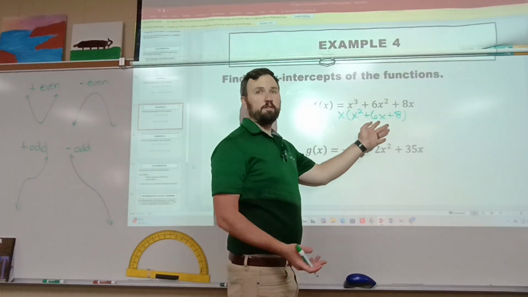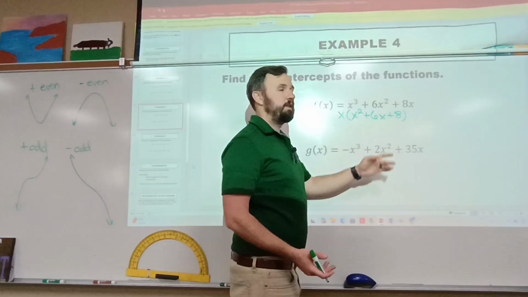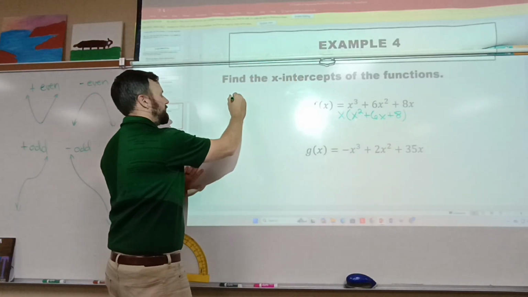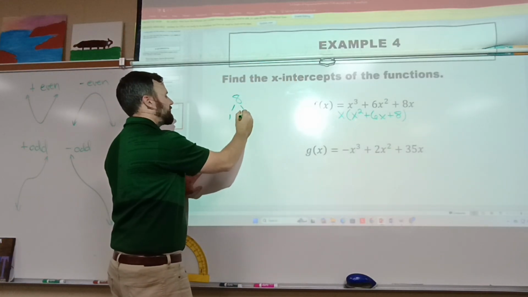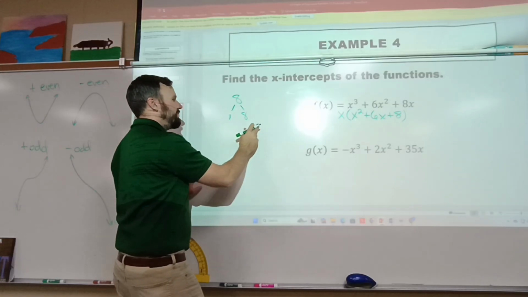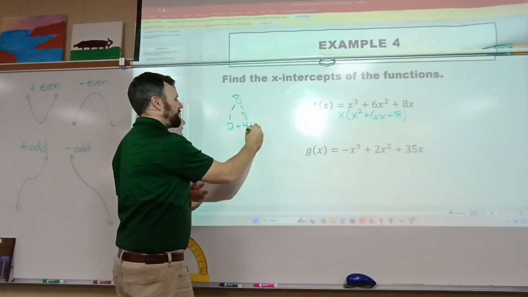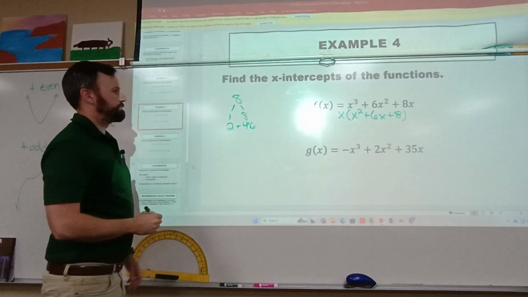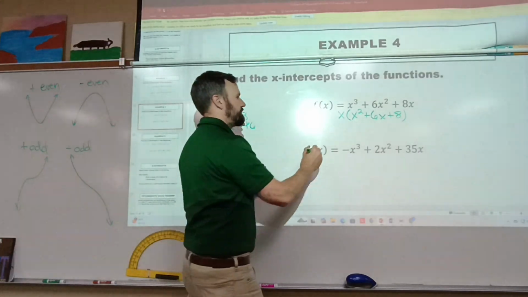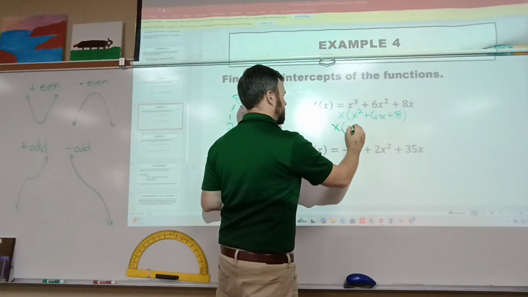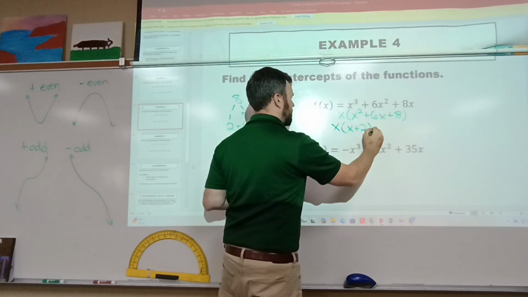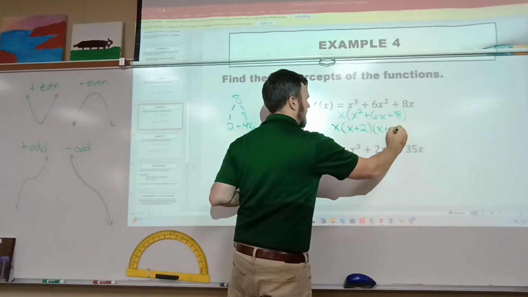Is this something that's factorable? Yeah, I think so. 1 times 8. 1 plus 8 is not 6. 2 and 4 add up to 6. So x plus 2, x plus 4.